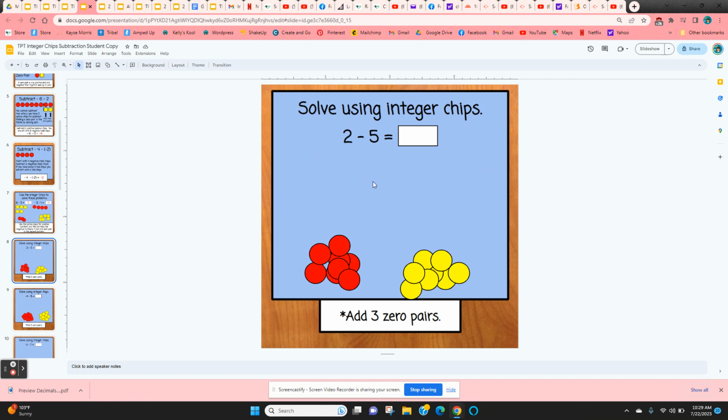Next one is 2 subtract 5. And it gives a little hint at the bottom, add 3 zero pairs. So we need +2. I can't subtract 5 because I don't have 5 positives to subtract. So if I add 3 zero pairs, and this is the same as adding 0, so I can add as many as I want.